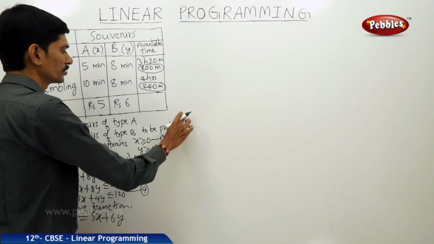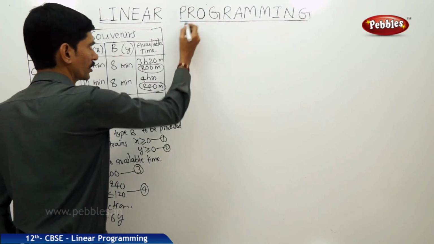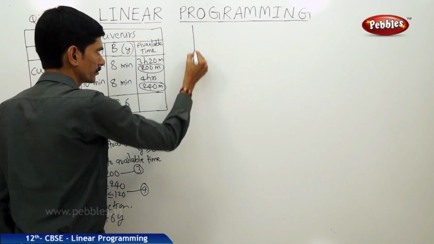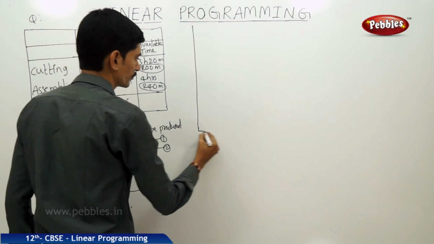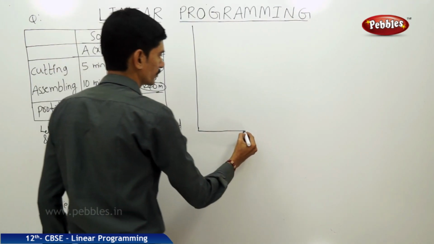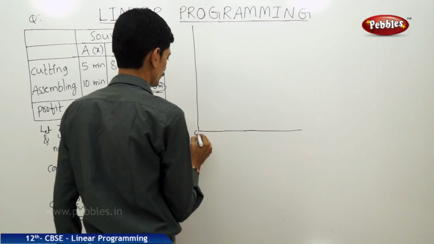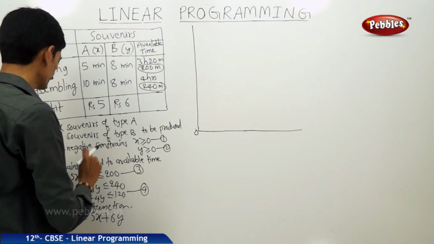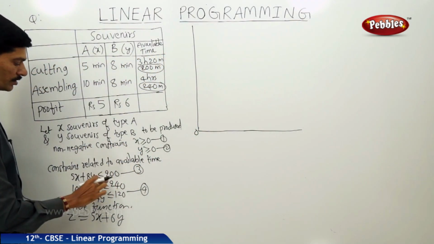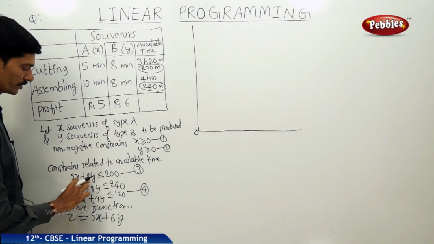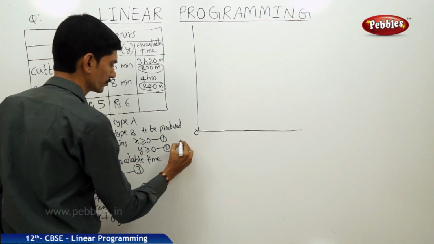Now let us draw the graph. So first we will draw the tables of ordered pairs. 5x plus 8y equal to 200.